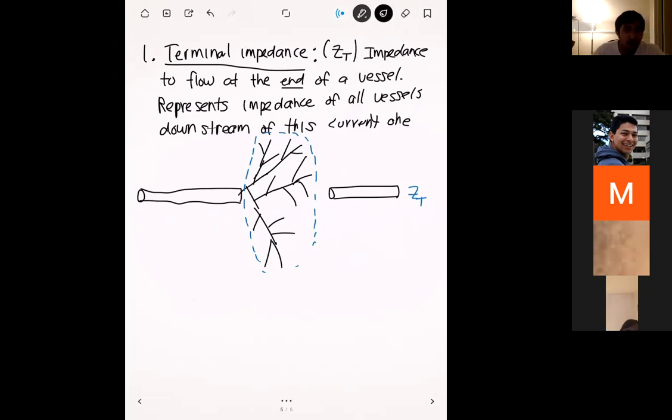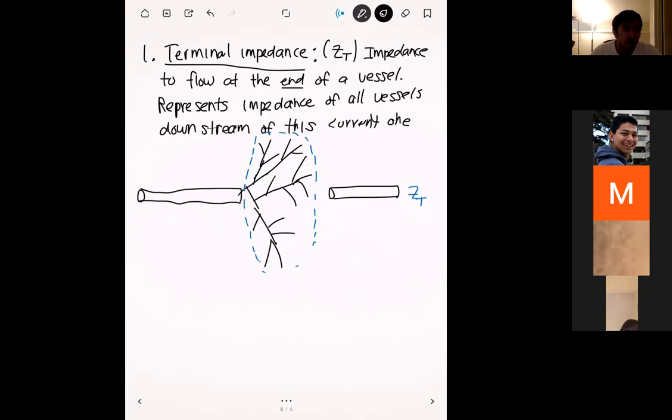It's the same kind of concept that we use when we apply boundary conditions to our CFD model. If you remember from our CFD workshop, for all the outlet caps of our CFD, we applied a resistance boundary condition. What that resistance represents is all the viscous resistance of the vessels downstream of our 3D model. Right now it's practically impossible to run a CFD simulation on the entire cardiovascular system, because you're talking about hundreds of thousands of miles of vessels, and ain't nobody got time to model all of those.